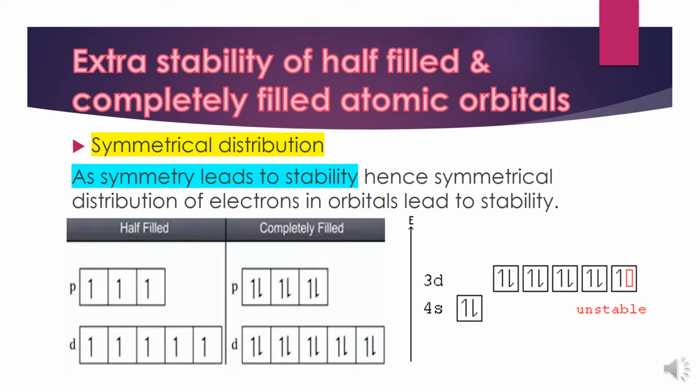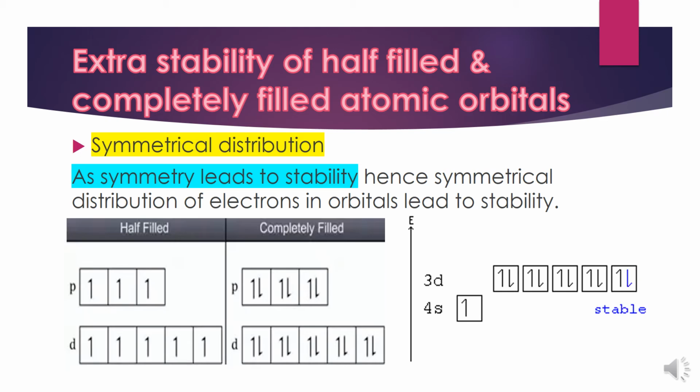The first reason behind it is symmetrical distribution. As we can see here, when orbitals are exactly half filled or completely filled, it becomes a symmetrical distribution of electrons, and that leads to stability. Hence, one electron from the 4s orbital shifts to the 3d orbital to give a more stable configuration.